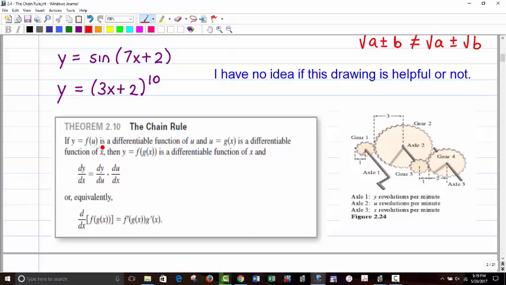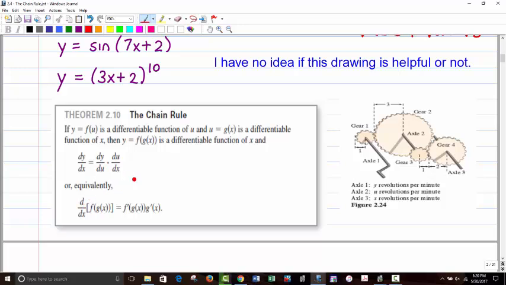All right. So if y equals f of u is a differentiable function of u, I often talk about f of u there, and u equals g of x is a differentiable function of x, then y equals f of g of x, meaning that the u is the g of x right here. So we're basically finding the derivative of f of u.